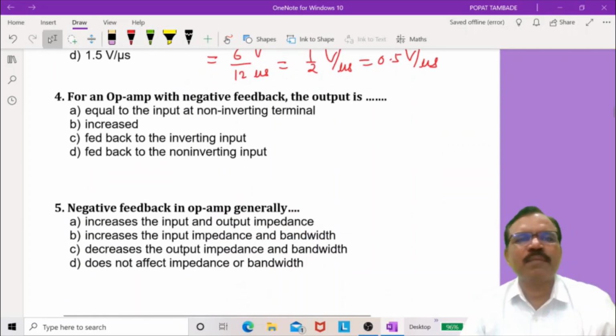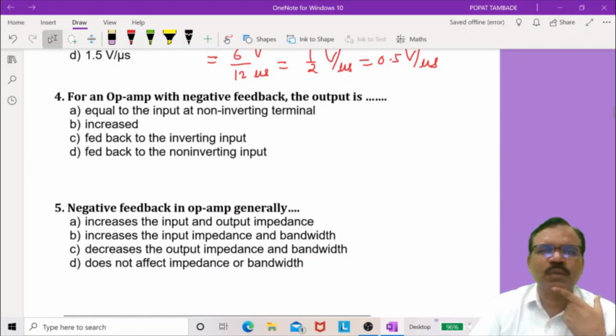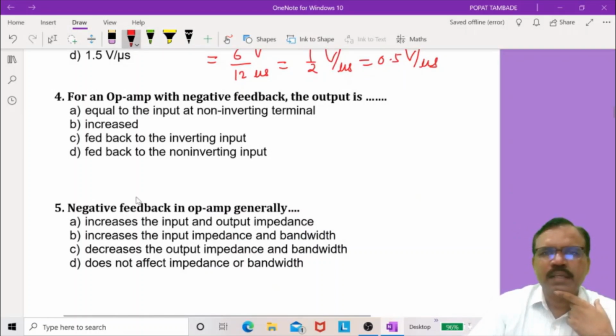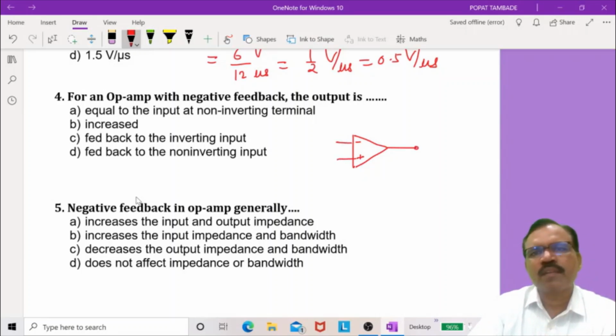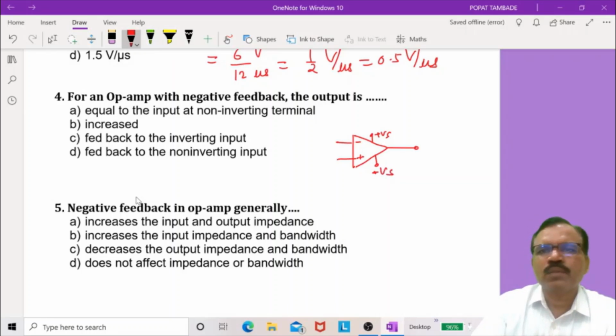For an operational amplifier with negative feedback, the output is. Now here this is the symbol for the operational amplifier. This is the inverting terminal and the non-inverting terminal, and this is the output terminal, and these are supply voltages plus Vs and minus Vs. Suppose part of the output is fed back to the input through some resistance Rf, and here we have R1.